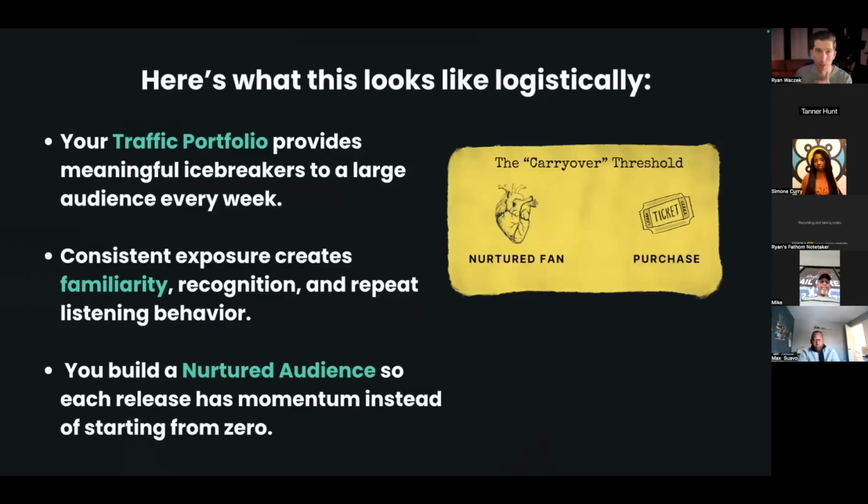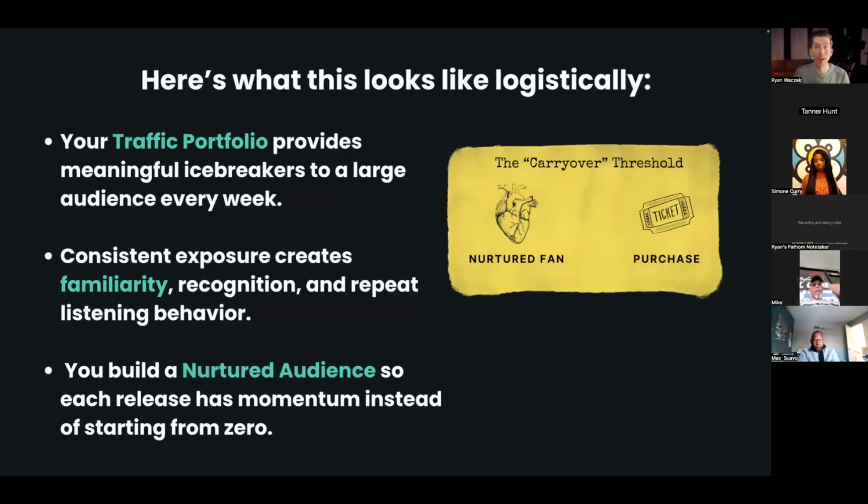So here's what it looks like logistically. Your traffic portfolio, of all your traffic arms, so that would be playlists, organic posting, your ads, it all provides meaningful icebreakers to a large audience every week. Next, consistent exposure creates familiarity, recognition, and repeat listening behavior that starts to help with compounding exposure. Algorithms get activated.